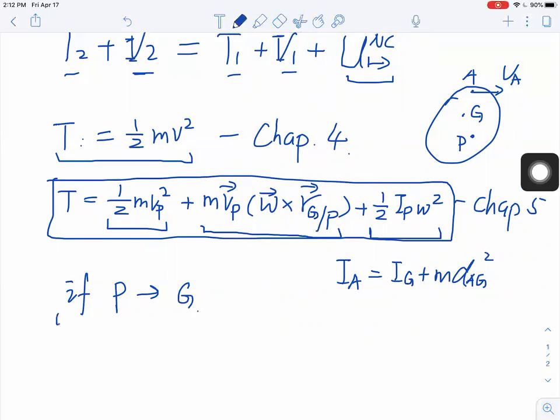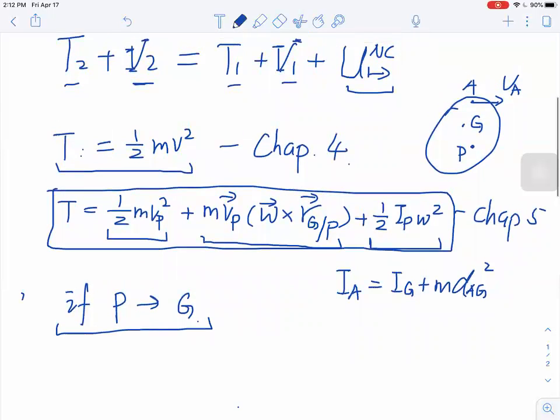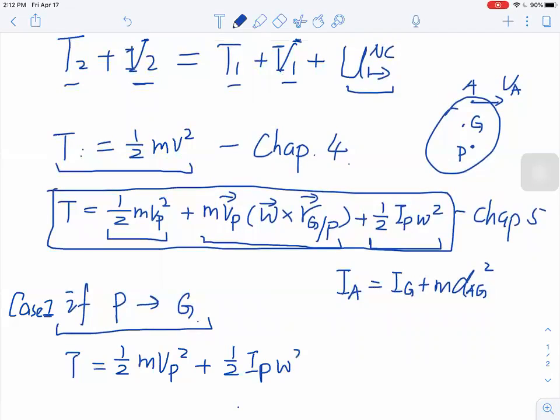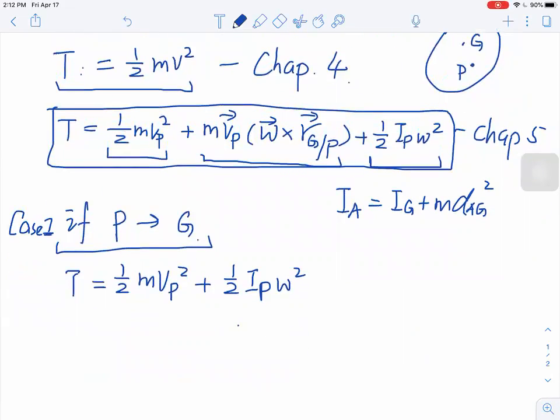Under this case, let's call it case 1, our kinetic energy is going to be 1/2 m vG squared plus 1/2 IG omega squared. It's simpler.